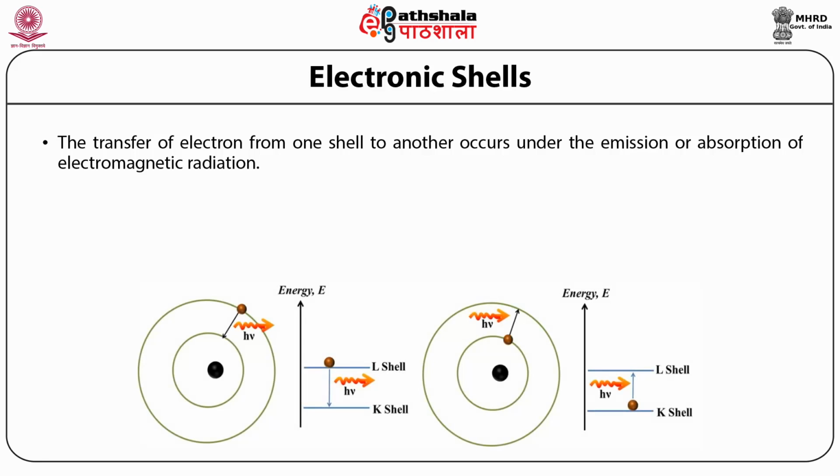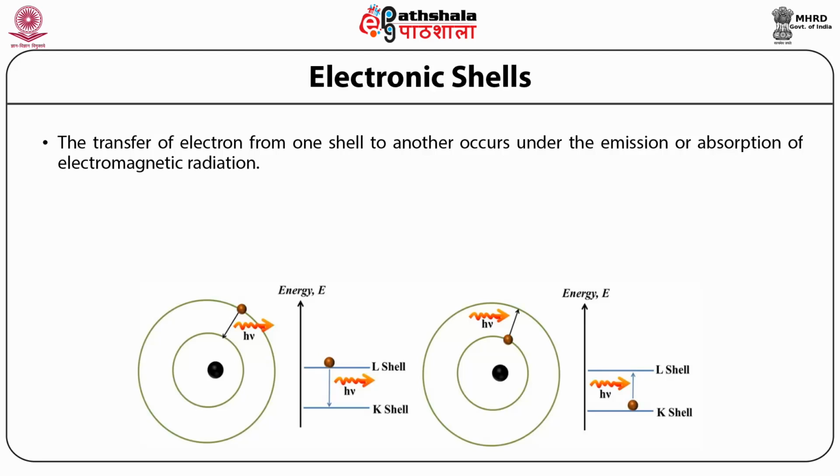The figure shows the schematic of the emission and the absorption of light during the electron transfer from the K to the L shell.